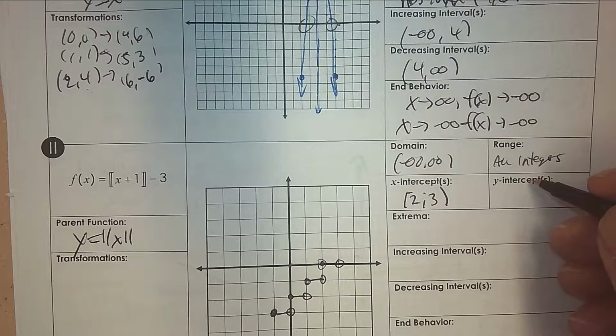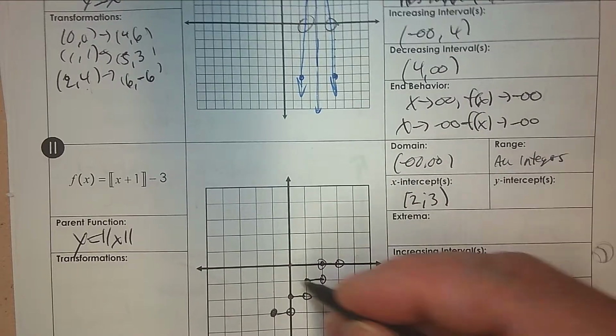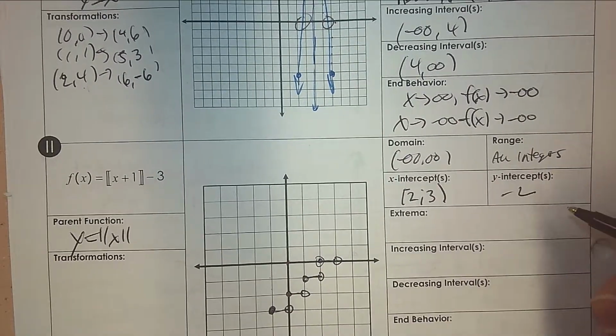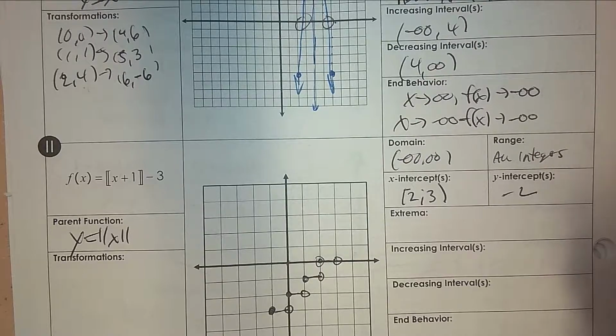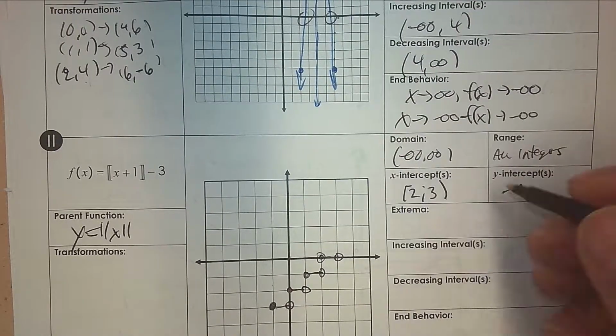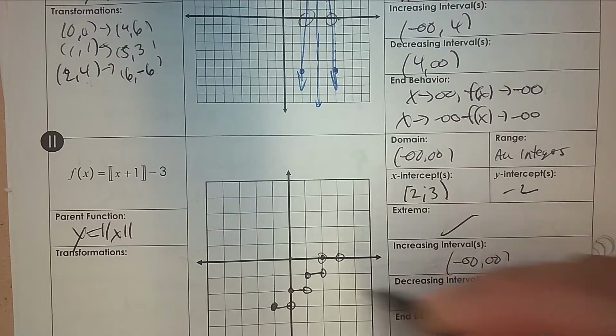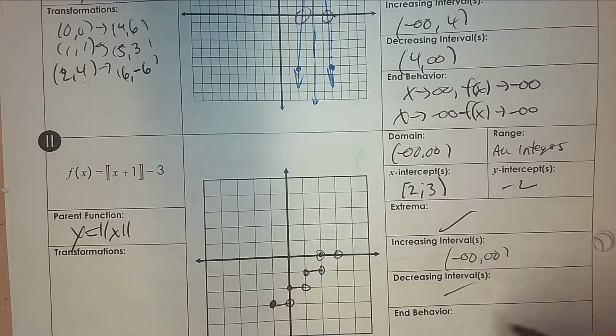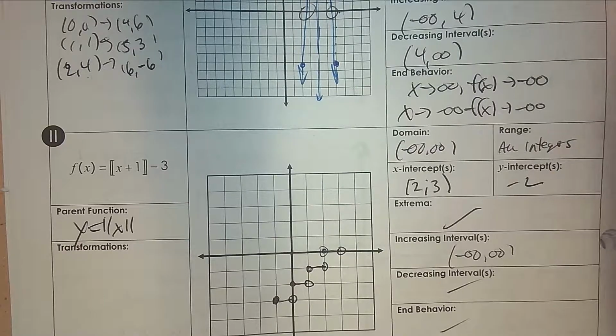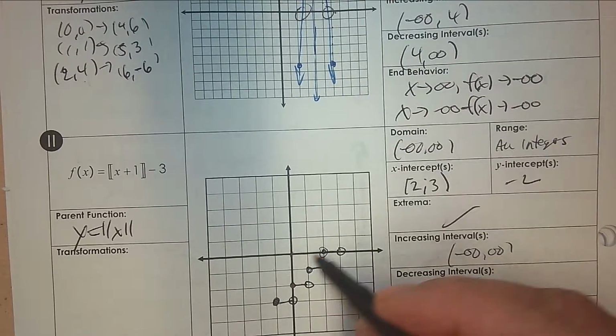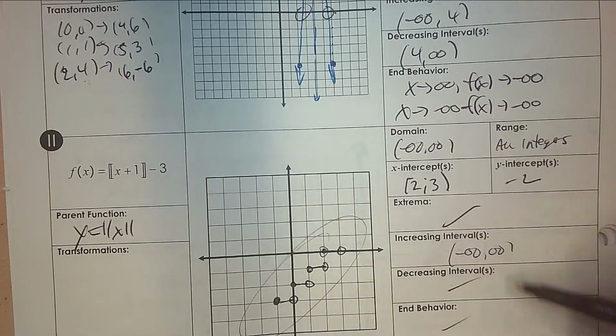The y is at 0, negative 2. Extreme points, no. Increasing, I guess it's increasing going to the right, even though there's these constants in there. Decreasing, nope. And behavior, I'm not going to worry about. It's not that kind of function to understand and analyze it this way.